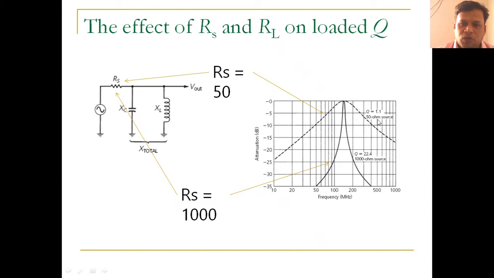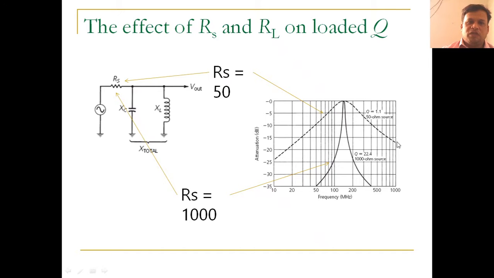For a 50 ohm source, it is like this. And for a 1000 ohm source, the graph is like this, for the attenuation versus frequency graph. We see that the quality factor drawn is Q equal to 22.4 for the 1000 ohm source, and for the 50 ohm source it is nothing but a line with a graph like this.